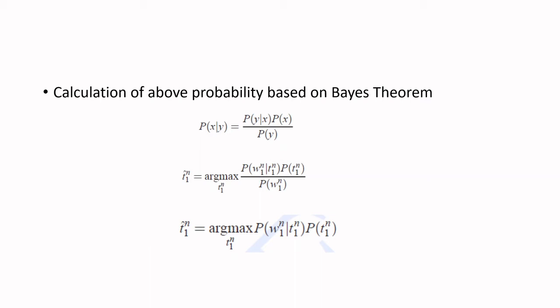From that, you can estimate the probability that, given it is an apple, what is the probability that it is red, round, and shiny? That can be calculated.